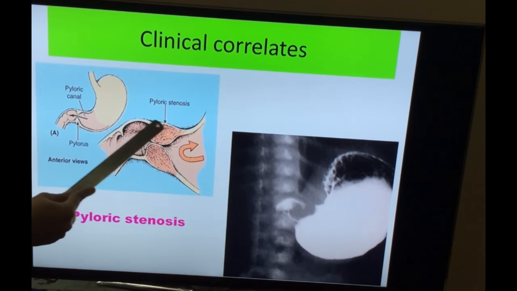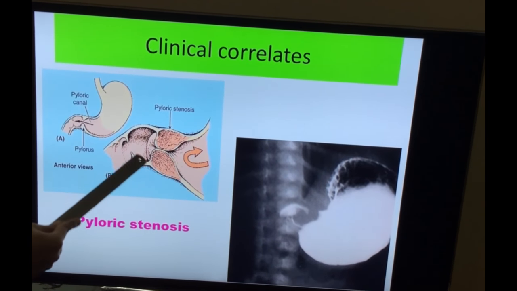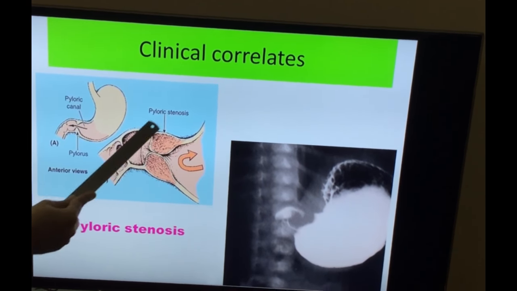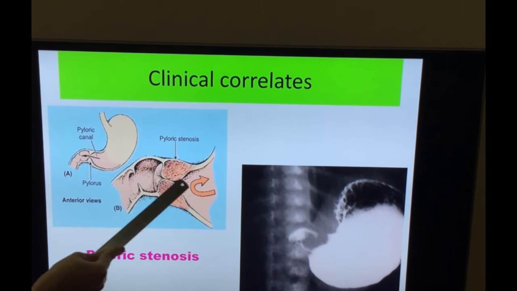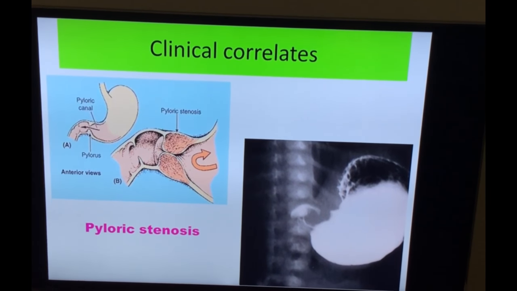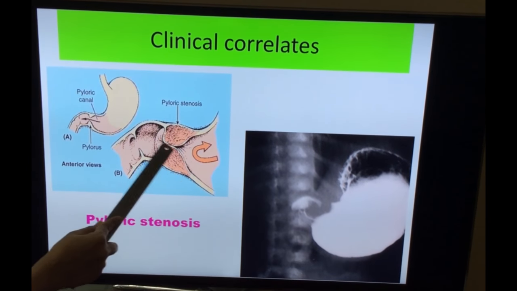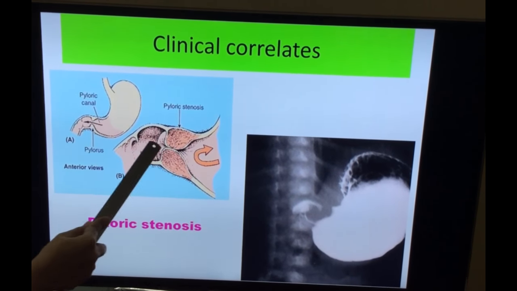Due to overgrowth of the muscular layer in the pyloric end, there will be narrowing of the lumen of the pyloric region. This is called pyloric stenosis.